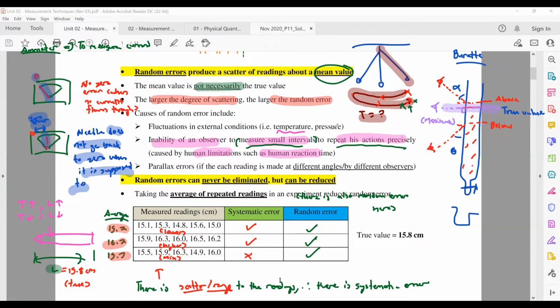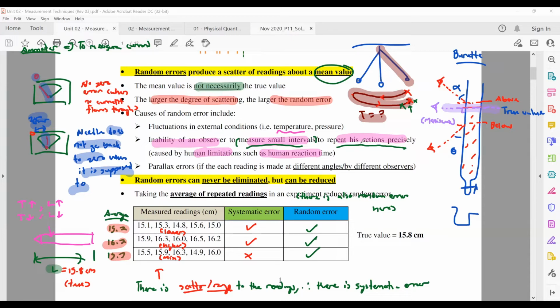If you were to repeat your experiment to find out the time taken for one oscillation again, when you stop your stopwatch, you won't stop exactly where you stopped in the previous try. That's what we mean by inability to repeat your actions precisely. Each time you repeat the same thing, you're going to end up stopping the stopwatch at a different time.